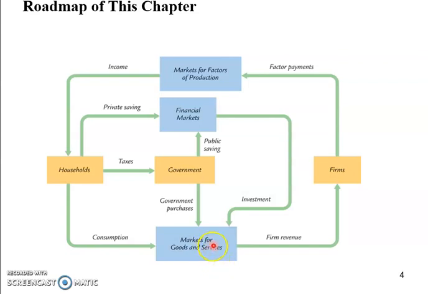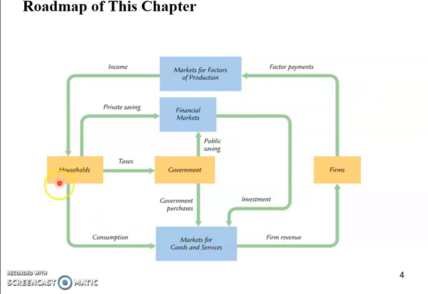Another type of market is the market for factors of production, where the firms can buy or rent these factors of production from the households, such as labor, land, and technology.